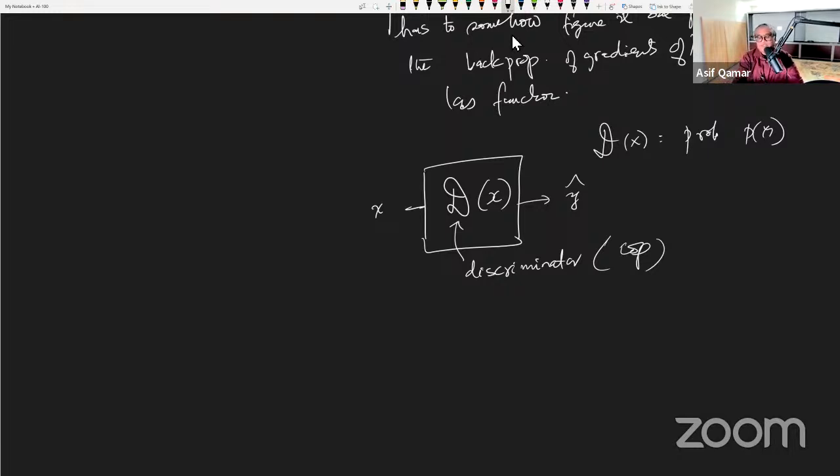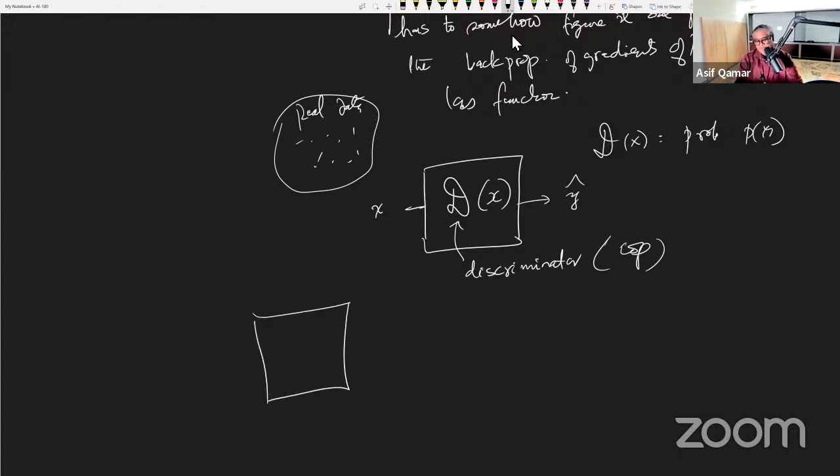Now, the way you train it is you take lots of real data, think real dollar bills, and then you have a generator. What the generator will do is take a point sampled from some form of noise. Let's take a normal Gaussian distribution.